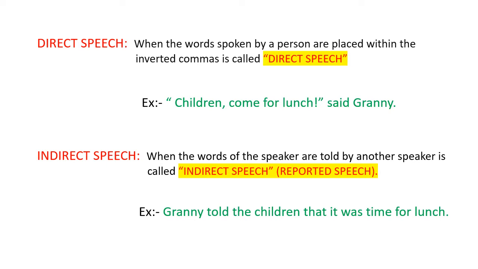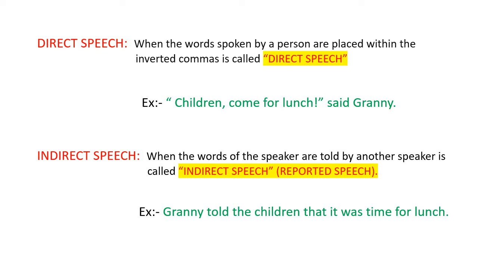We see this in the previous slide, when they do group discussion about a particular class or topic. Here is an example of indirect speech: Granny told the children that it was time for lunch.